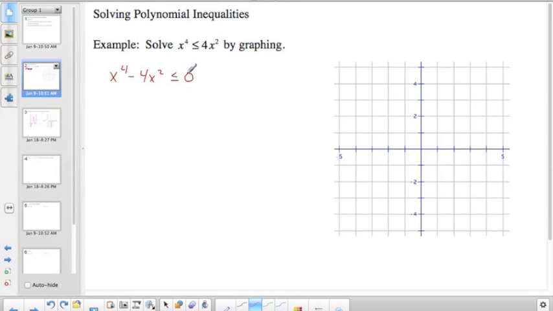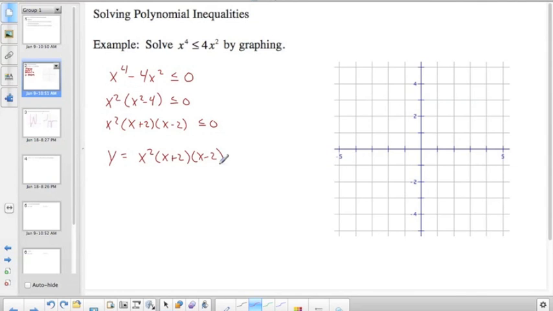And then from there we're going to factor. And continue factoring. We have the difference of squares. So we're essentially going to graph y equals x squared, x plus 2, x minus 2.